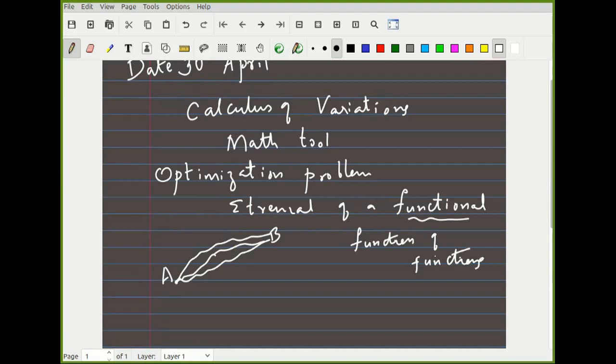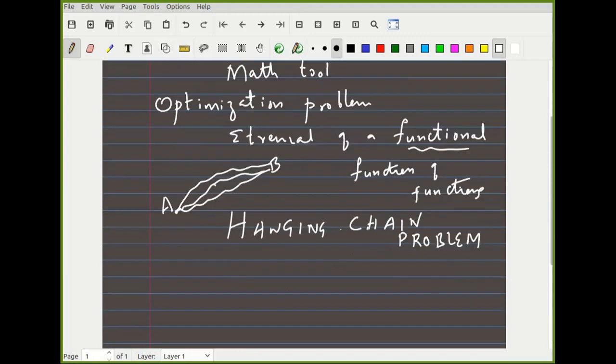Okay, so having said this, let's look at this very popular problem called the hanging cable problem, hanging cable, chain, whatever you call it, hanging chain. You want to identify the shape.